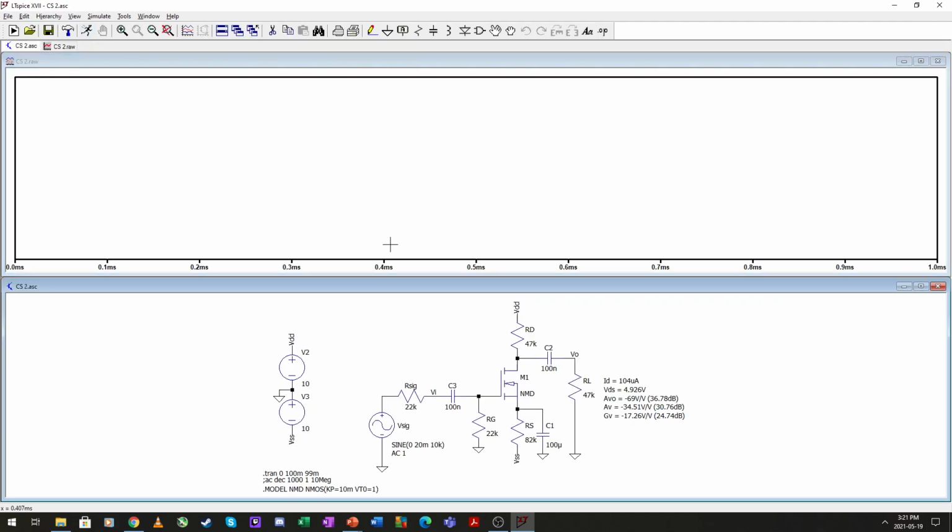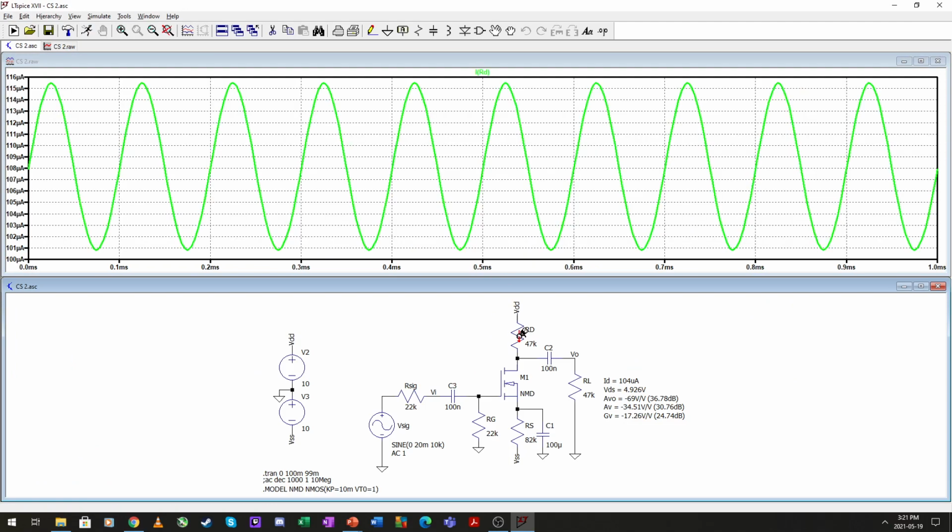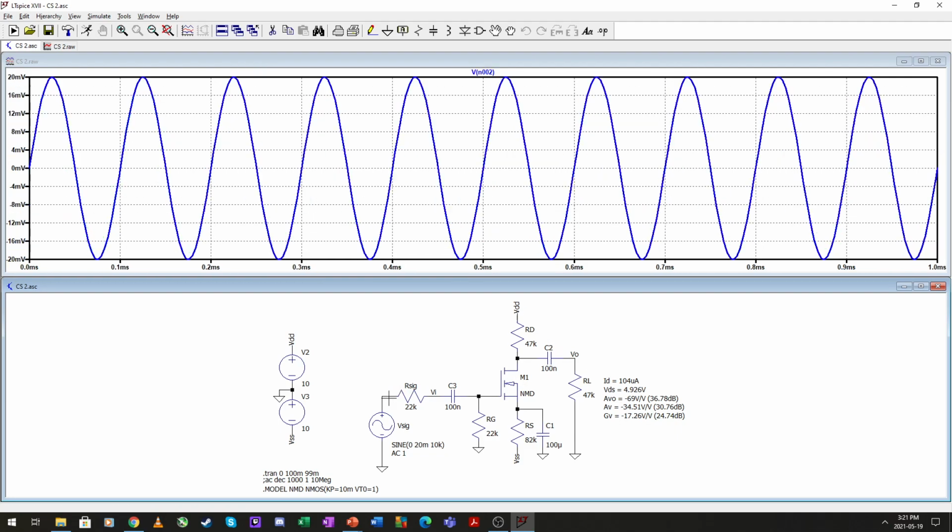So let's run our simulation here. There's our current close to the 108 mark. Input of 20 millivolts. Since we have a matched input, this is roughly half. So that's 20 millivolts, that's 10 millivolts going in.